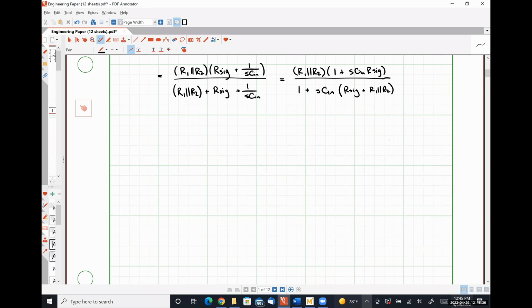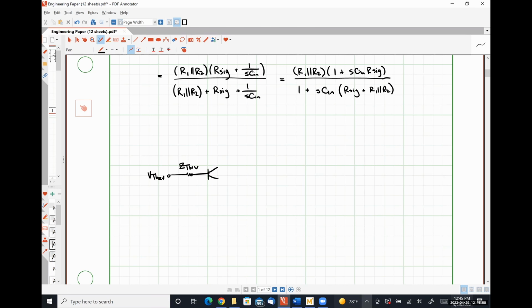So I have my input voltage, excuse me, my input voltage V Thevenin connected to my impedance Z Thevenin.